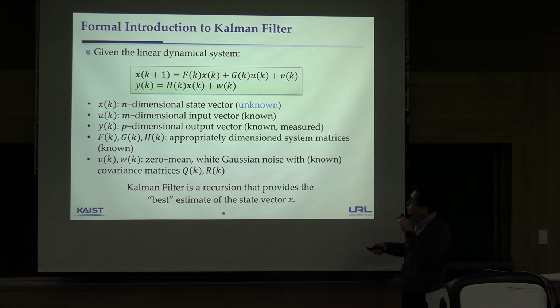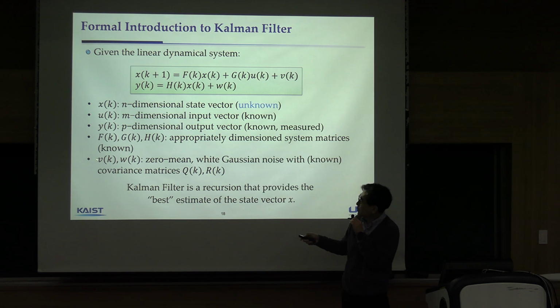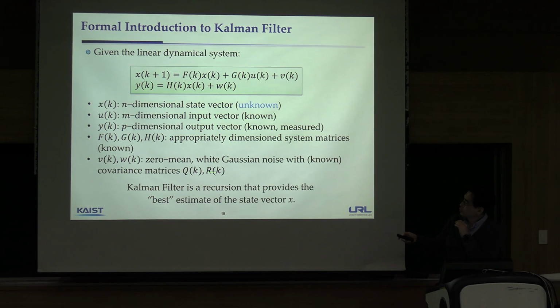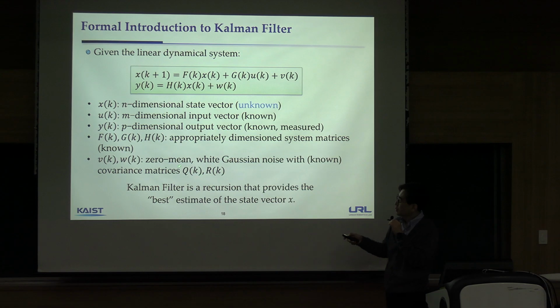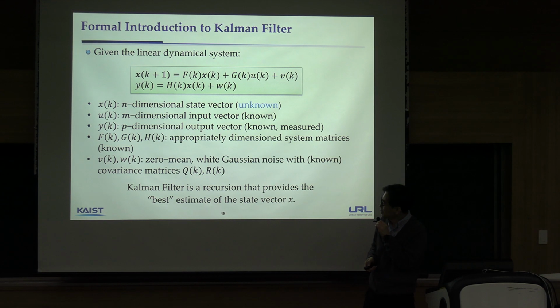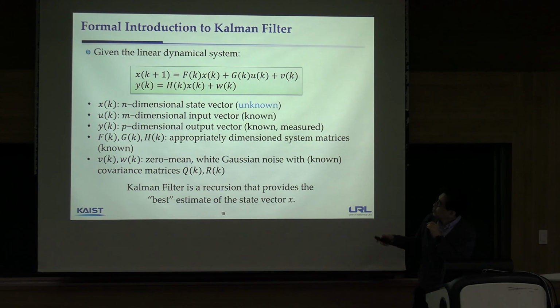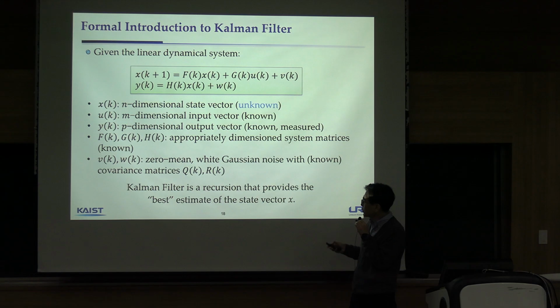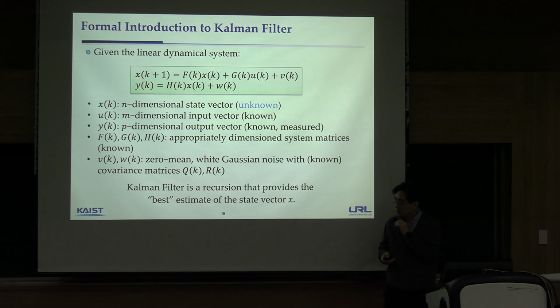We assume that we already know the properties of V and W. They are zero mean, white Gaussian noise with known covariance matrices, Q and R. We set these two parameters in advance, and F, G, H are also already known. The Kalman filter is a recursion that provides the best estimate of the state vector X. X can be the position information, for example X, Y, Z.